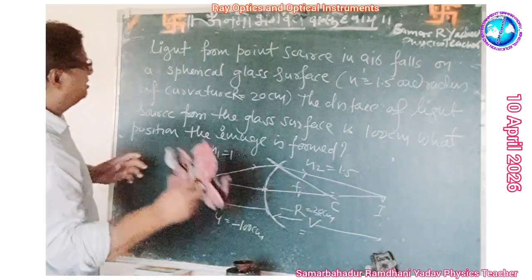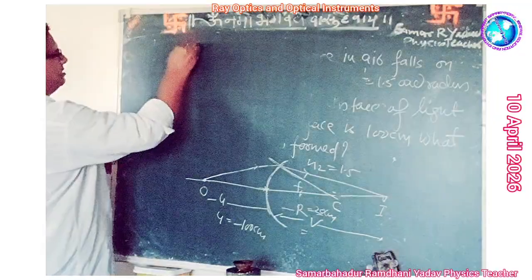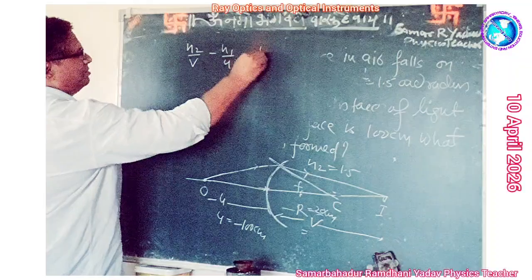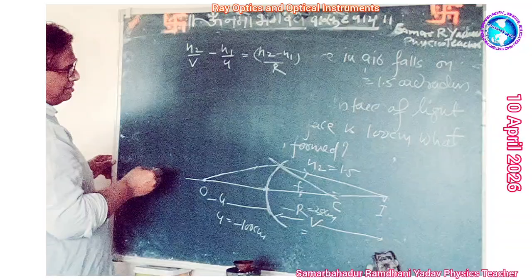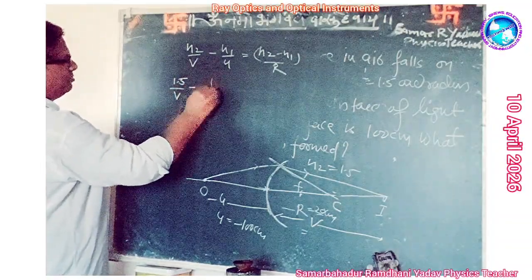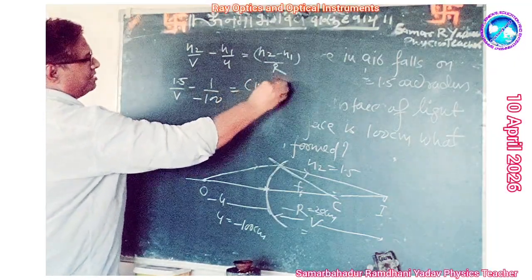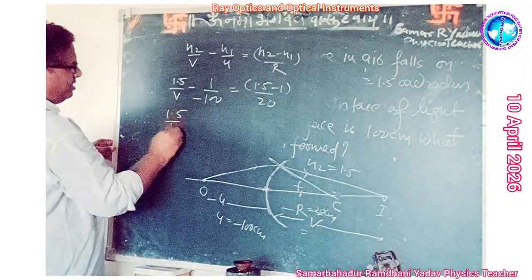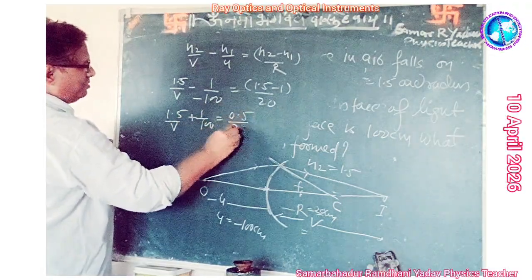Now we can use the formula here, that is n2 upon v minus n1 upon u is equal to n2 minus n1 upon r. Therefore n2 is 1.5 upon v minus 1 upon minus 100 is equal to 1.5 minus 1 upon 20. Therefore 1.5 upon v plus 1 upon 100 is equal to 0.5 upon 20.